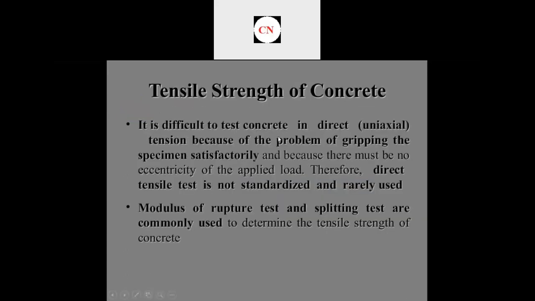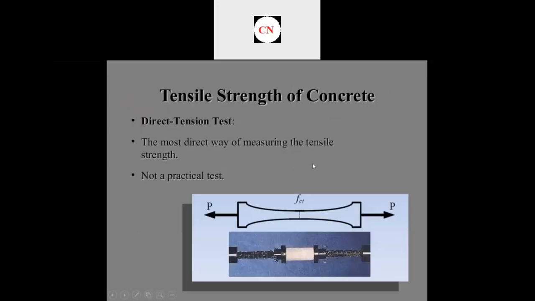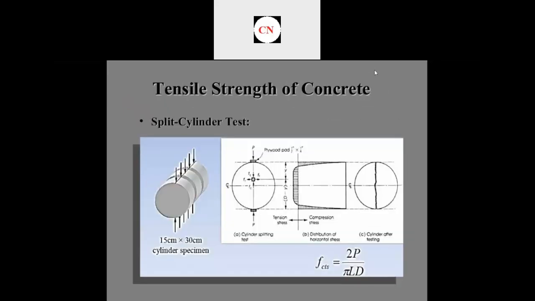This particular test is prescribed in order to determine the tensile strength of concrete. If you are interested in calculating the tensile strength, we need to cast a cylindrical sample with h by d ratio equal to 2, the same dimensions again.